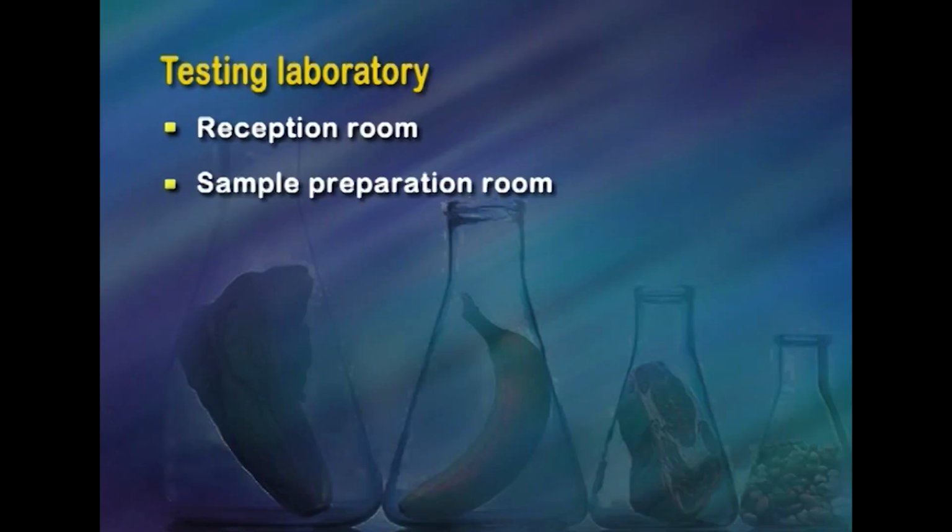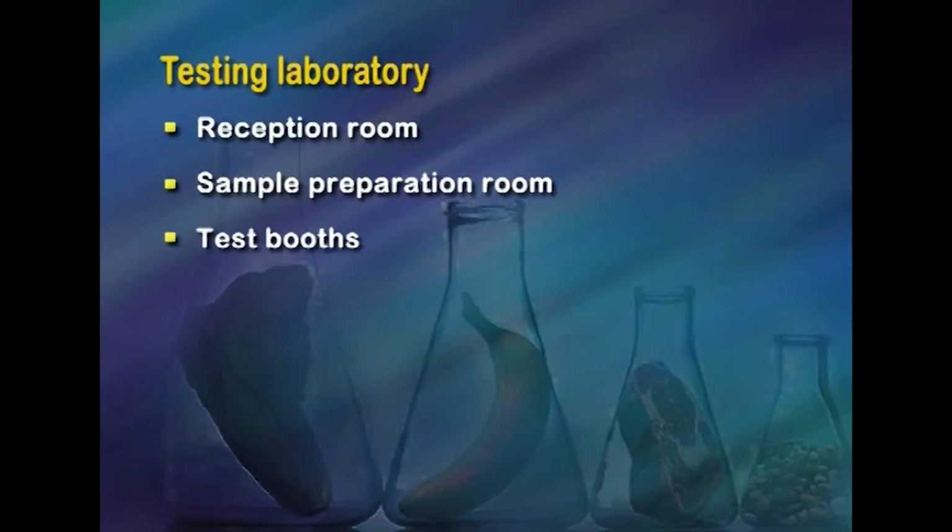The sample preparation room, which is clean and well equipped for the preparation and serving of the sample. The test booths are where the actual sensory evaluation of the samples is carried out by panel members.